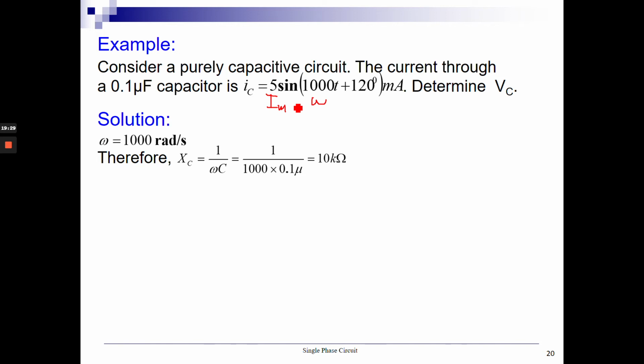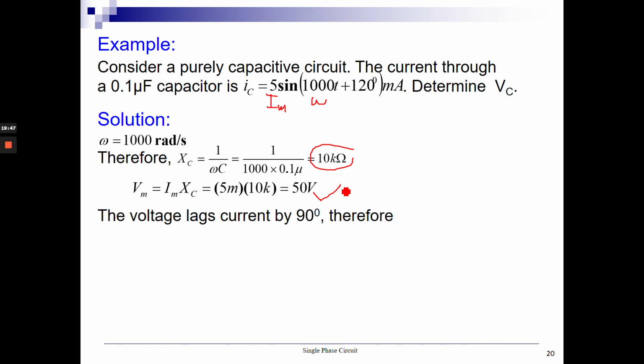So therefore, Xc equal to 1 over omega C. So you will get 10 kilo ohm. And then using Ohm's law, Vm equal to Im Xc. So Vm you will get 50 ohm. So as we know, the voltage lags current by 90 degrees.